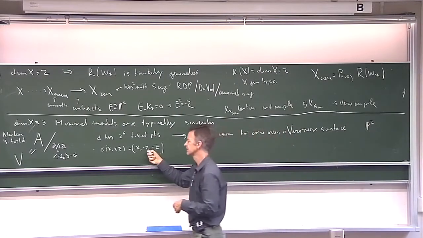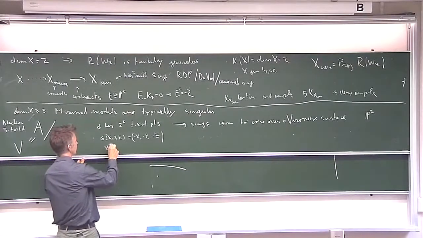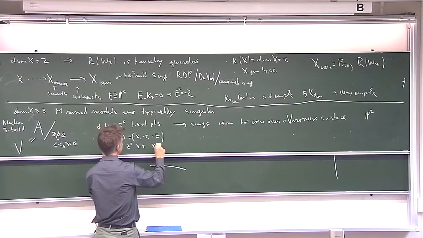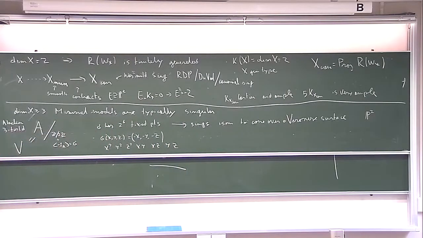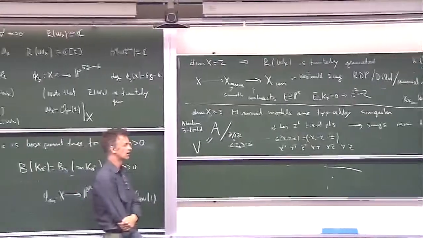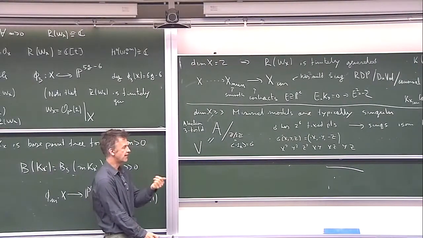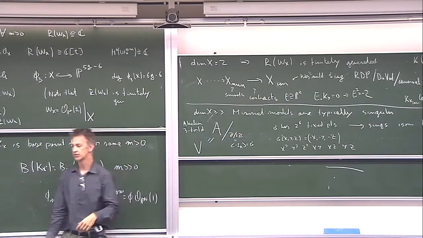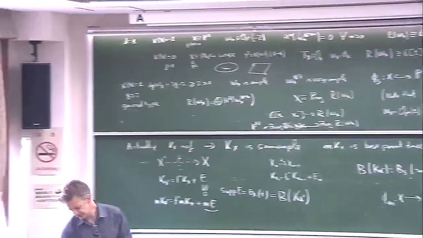If you look at this, what are the invariant polynomials? x squared, y squared, z squared, xy, xz, yz. So that should convince you that locally the singularity is a cone over a P^2 embedded by the complete linear system of homogeneous polynomials of degree 2, and hence a cone over a Veronese surface.